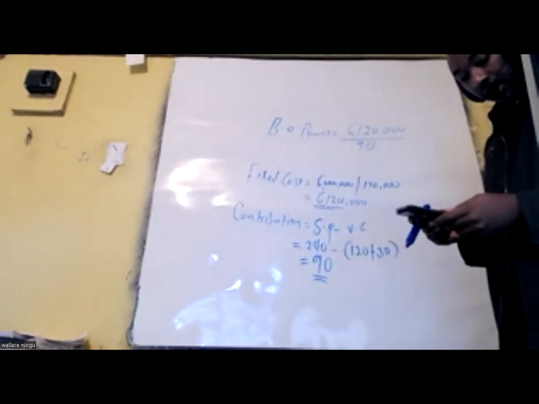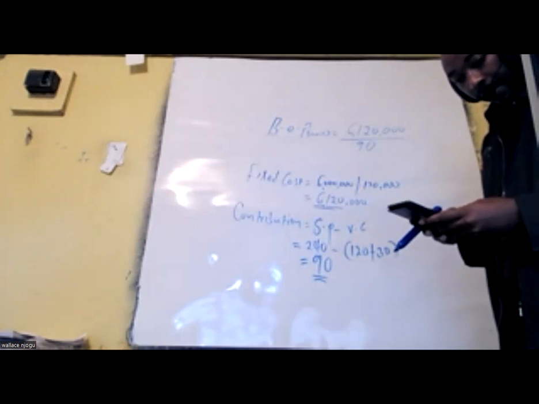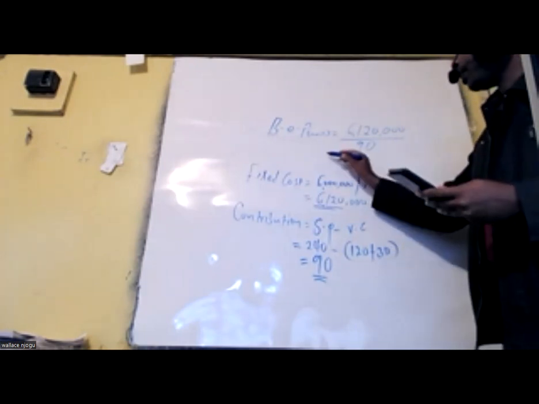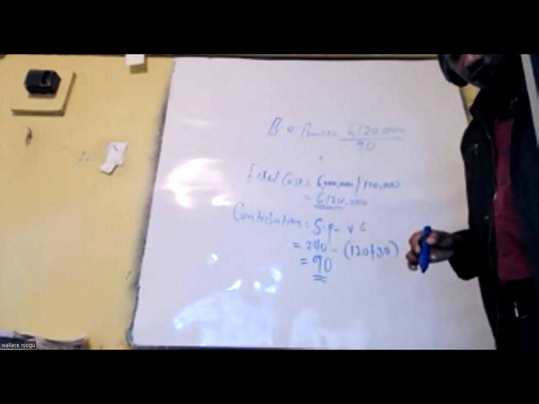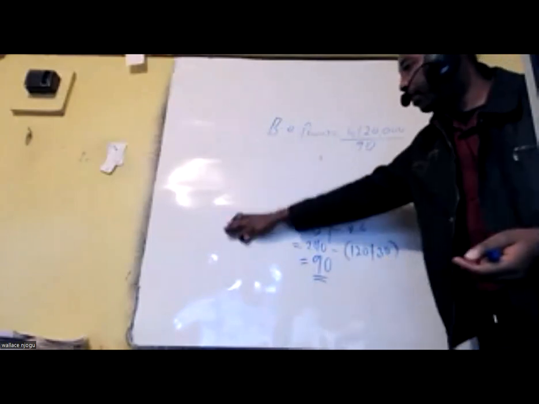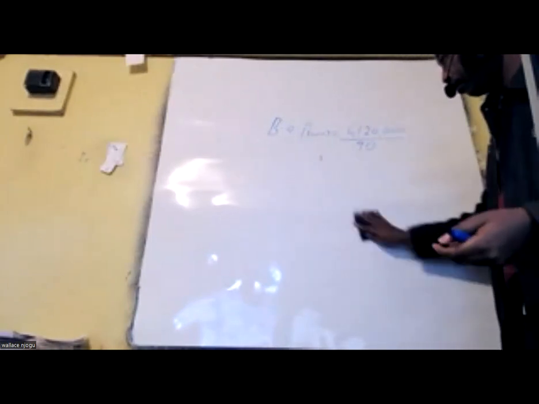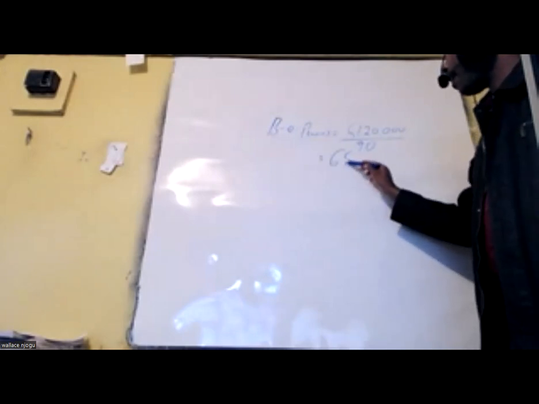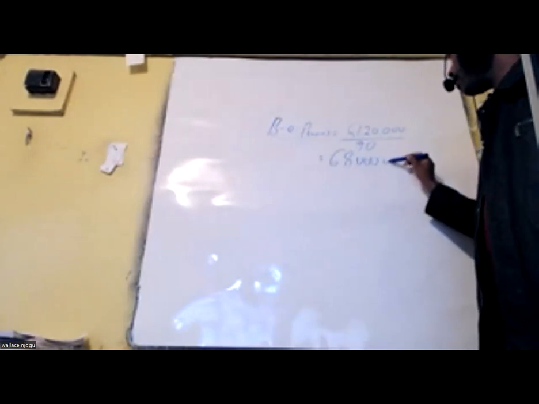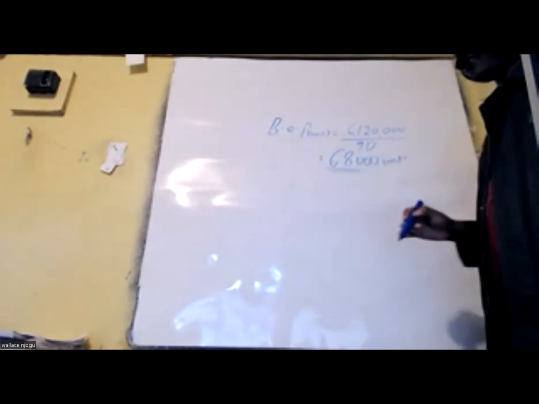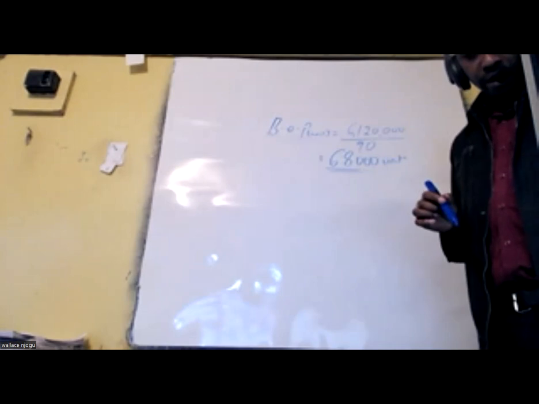So take 6,120,000 divided by 90. Sijui unapata ngapi? I'm getting 68,000 units. 68,000 units, and that is the answer for Roman 1.